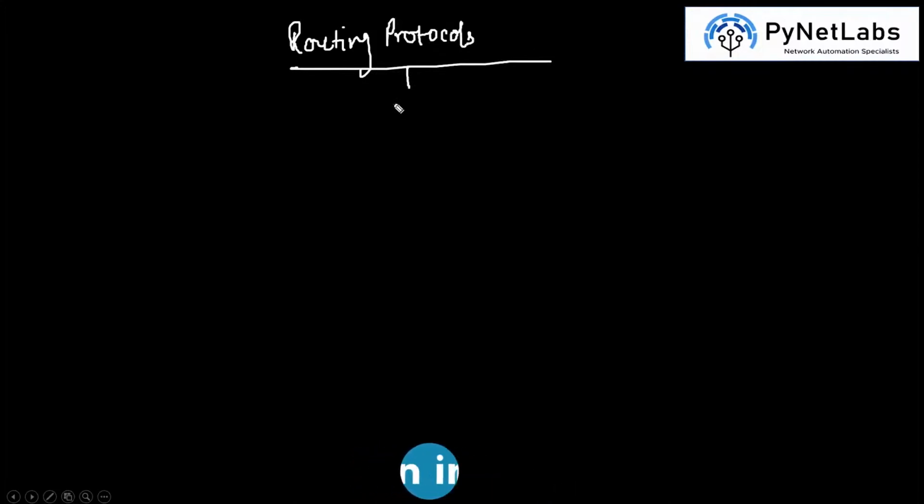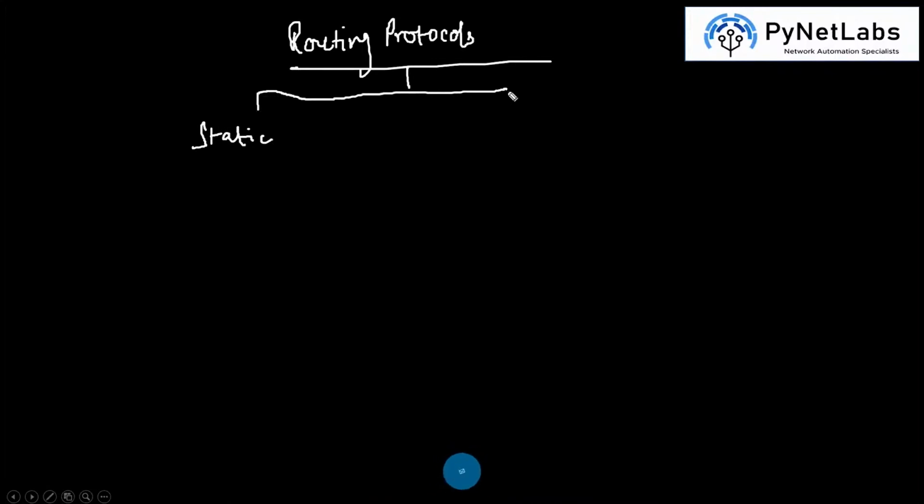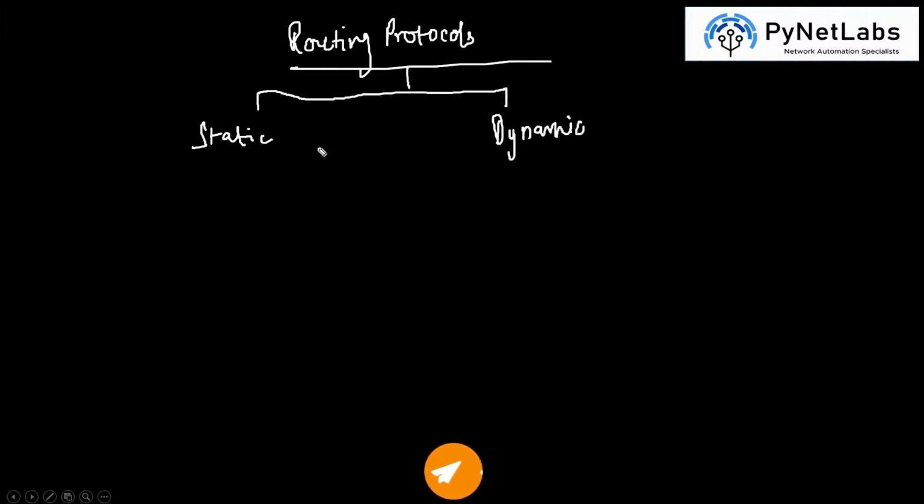So when we talk about routing protocols, there are majorly two categories. The first one we have is static. Then the other category is known as dynamic. Static is something related to manual.